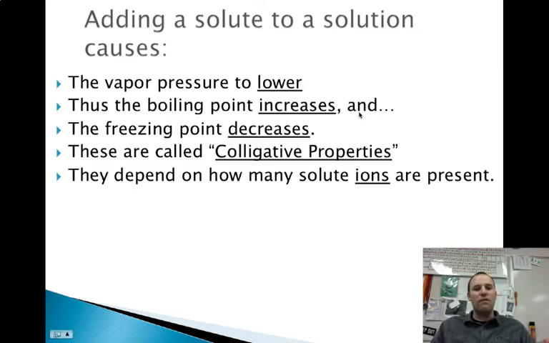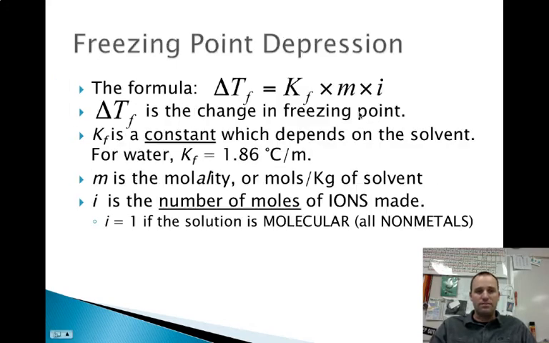In other words, if you dissolve a little bit, your vapor pressure is going to go down a little bit, your boiling point is going to go up a little bit, and your freezing point is going to go down a little bit. If you dissolve a lot, then the same thing is going to happen. It's proportional. So your boiling point is going to go up a lot, and your freezing point is going to go down a lot. So how many ions are present is just how much you are dissolving.